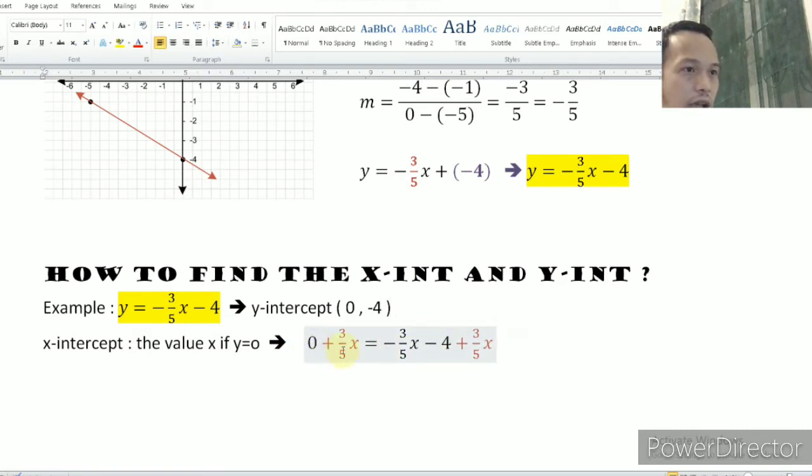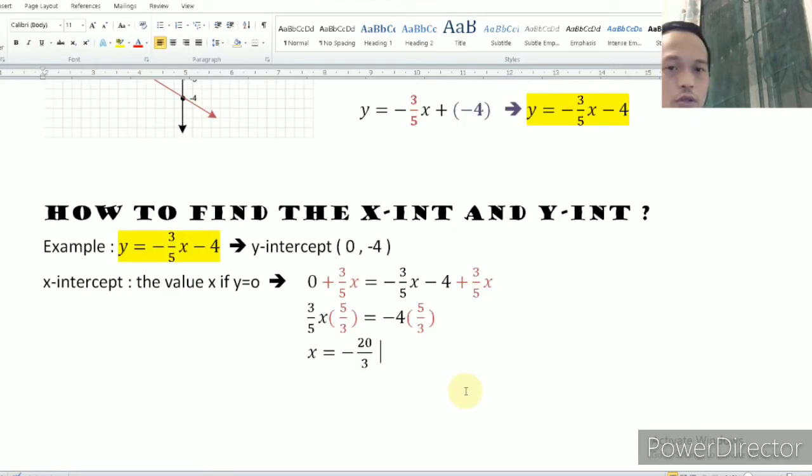I will add to both members 3 over 5 x. In the end, I will have this, and then I will multiply both members by 5 over 3. It's just simple algebraic steps, and then I will have the value of x equals negative 20 over 3, or negative 6.66667.